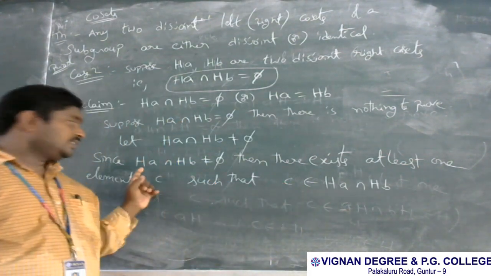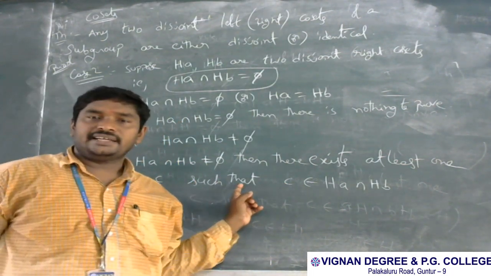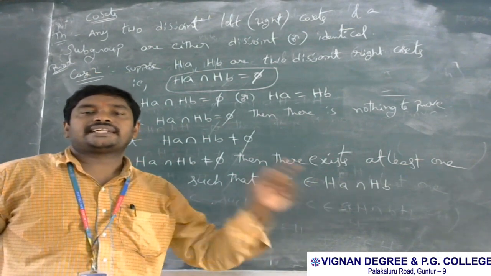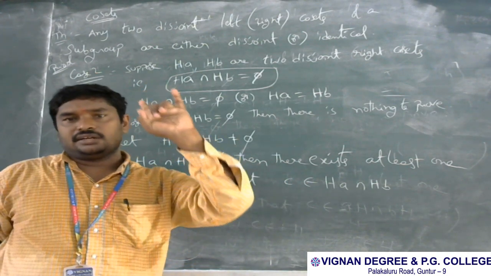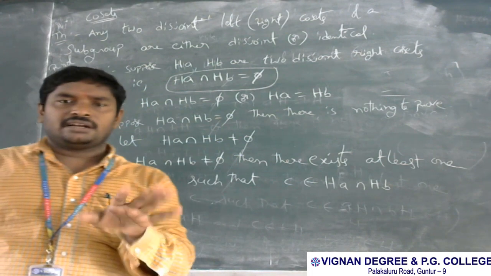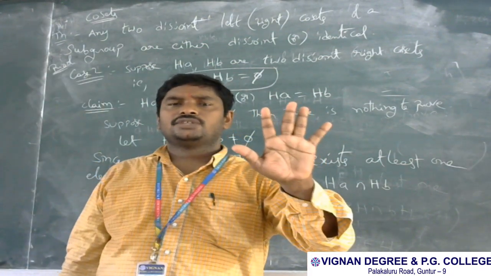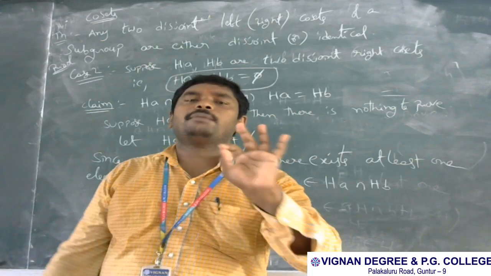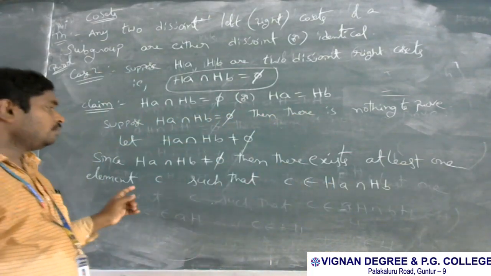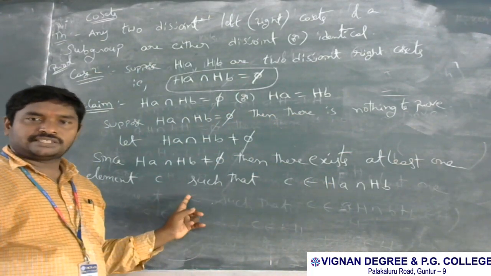So since this is not equal to the empty set, there exists at least one element, at least one meaning minimum one, one or more. So at least one element, small c.